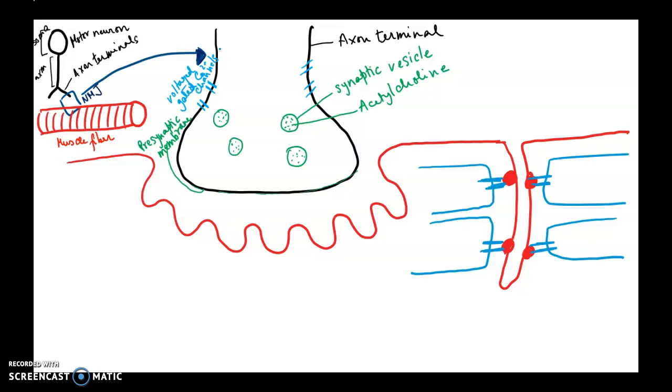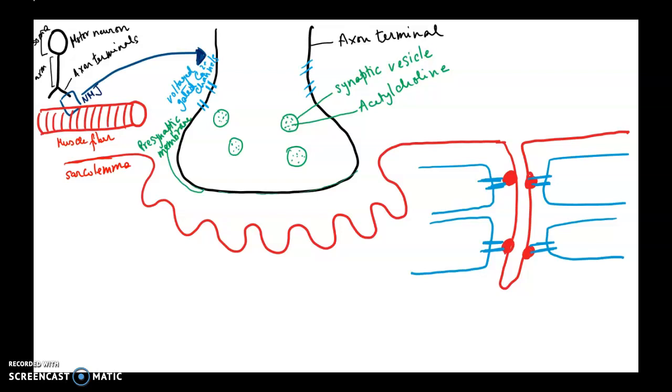Now let's look into the muscle fiber in red. The membrane of the muscle fiber is called sarcolemma. That's a membrane. And at the neuromuscular junction, the sarcolemma is folded. Do you see multiple folds of the sarcolemma?